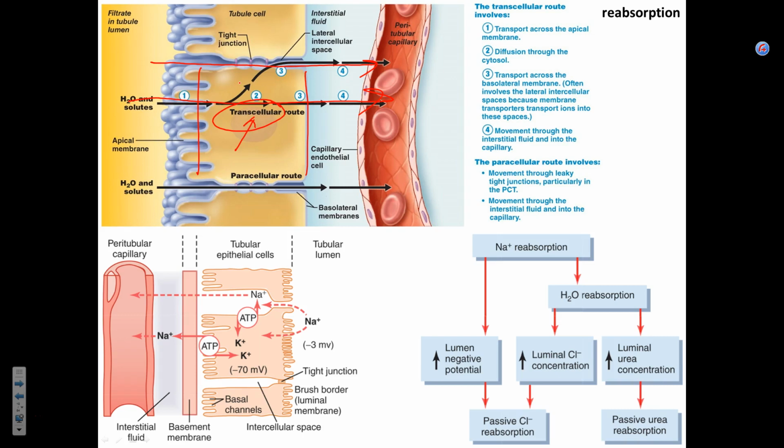The route that involves the transport of compounds between the cells is called the paracellular route. Before we move any further, I want to discuss both routes with you. And we're going to start with transcellular.